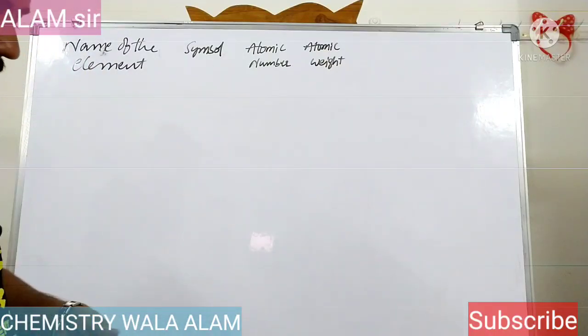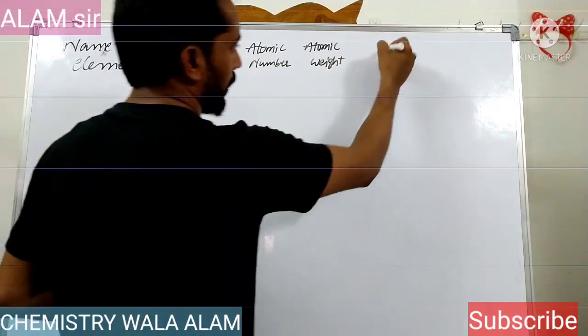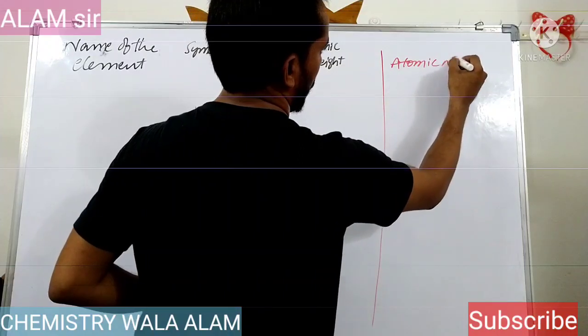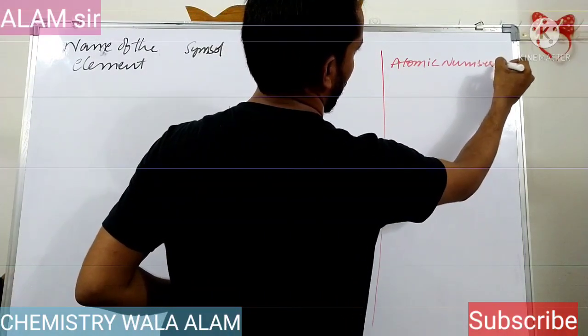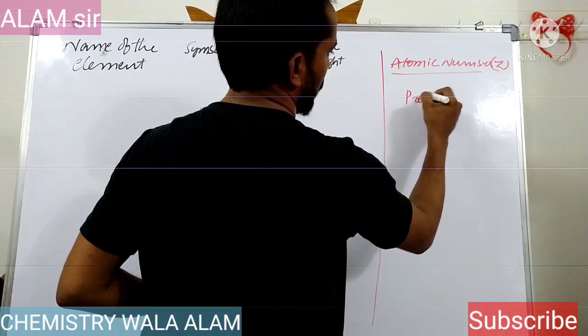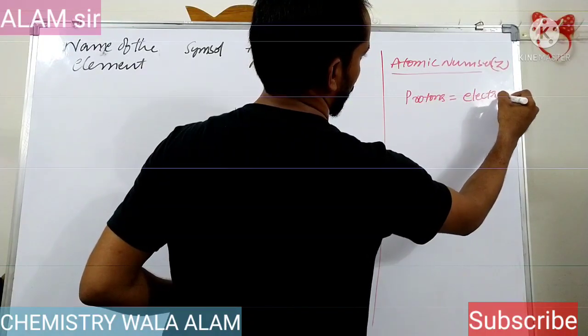Here atomic number is represented by the letter Z. Atomic number can be defined as the number of protons, which equals the number of electrons.